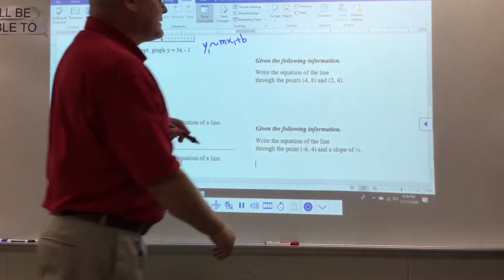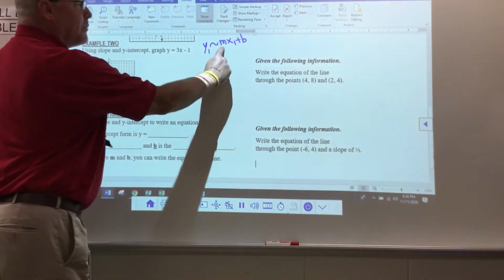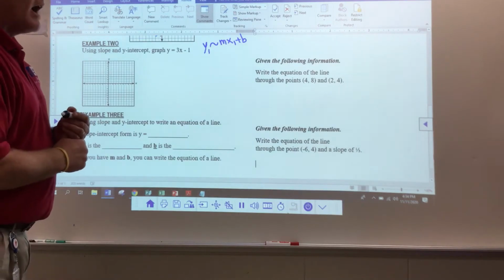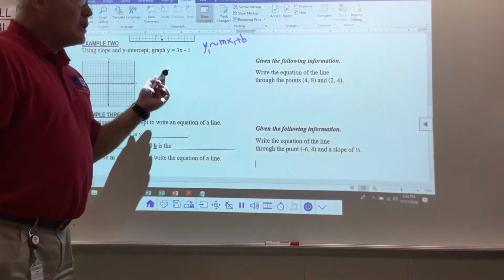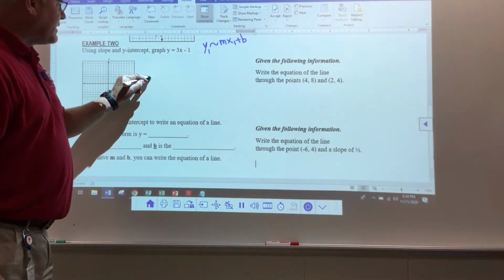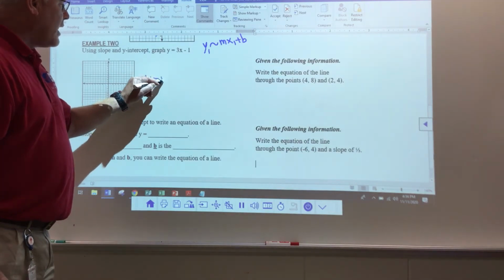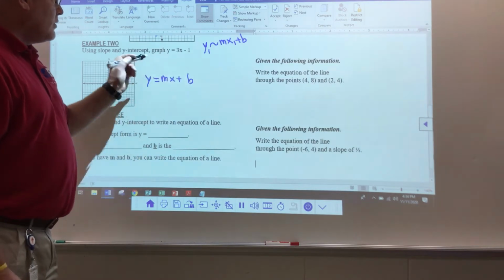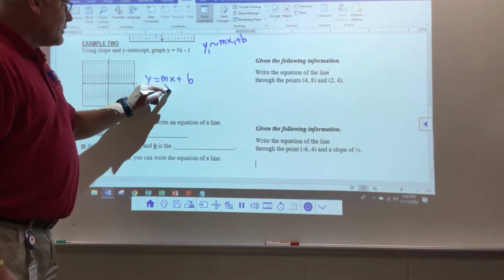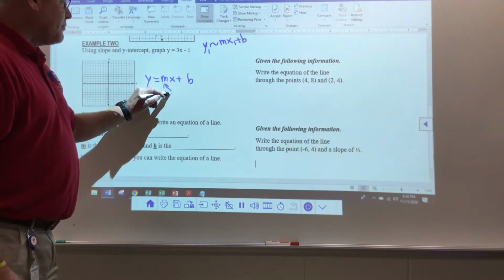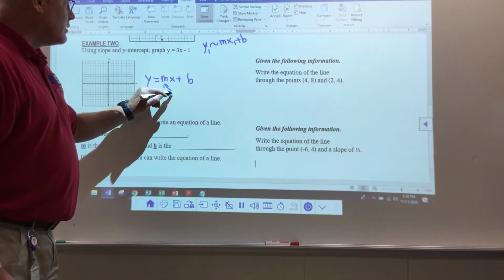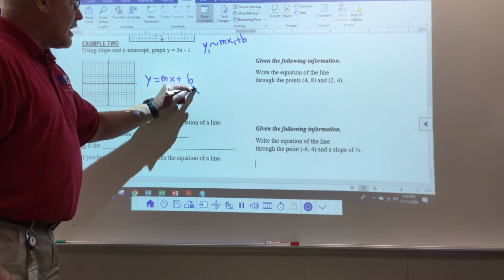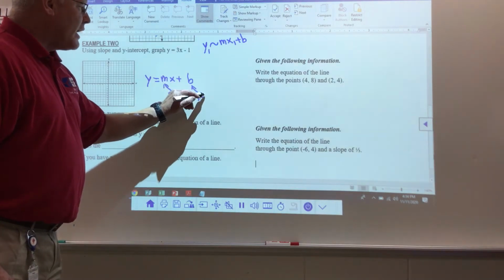We used that to help us find slope, and that's the first time we mentioned that b value, or the y-intercept. Well, slope-intercept form says this. It just says y equals mx plus b. Your m is going to be your slope. You just found out that b is your y-intercept.